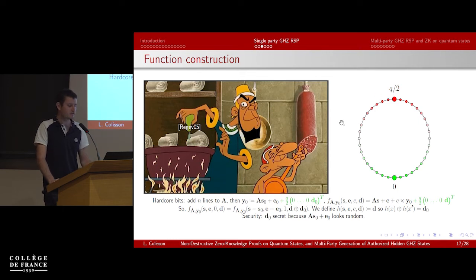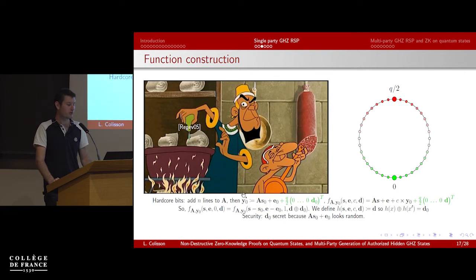Now we do the same, but for a whole vector. To encode, we add Q over 2 times our string D0, which is the string that we want to encode.